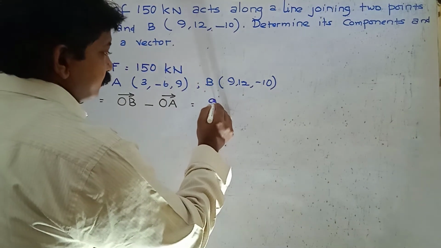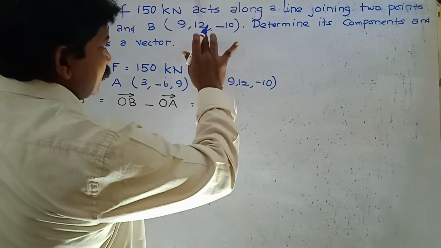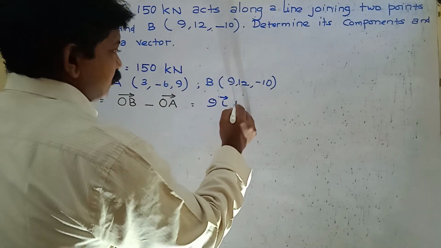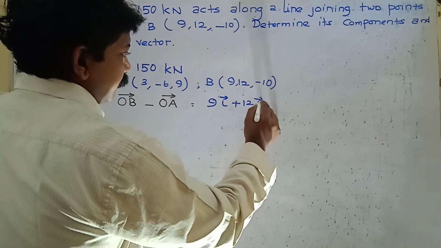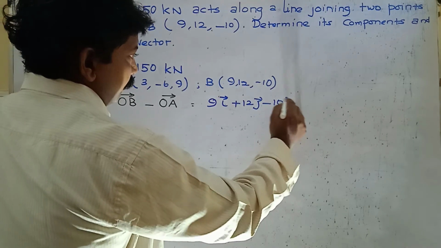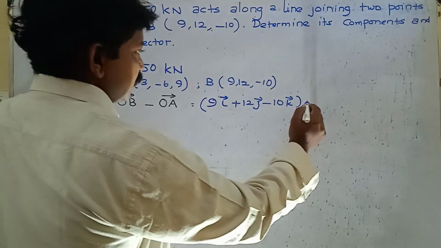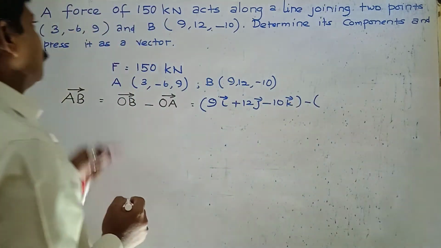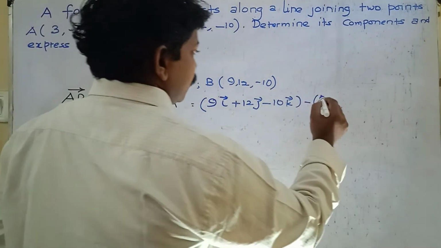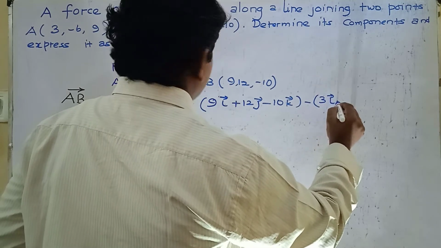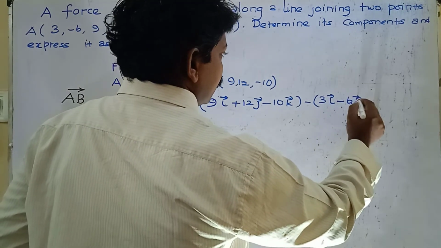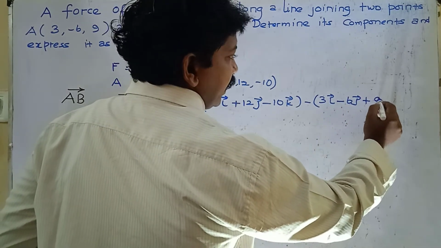9I vector plus 12J vector minus 10K vector, minus OA vector equal to 3I vector minus 6J vector plus 9K.